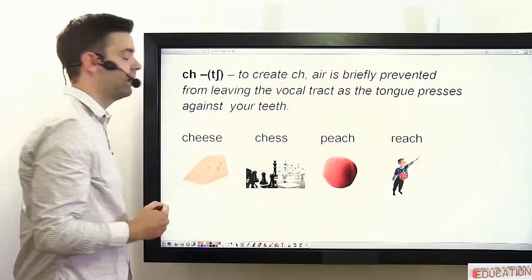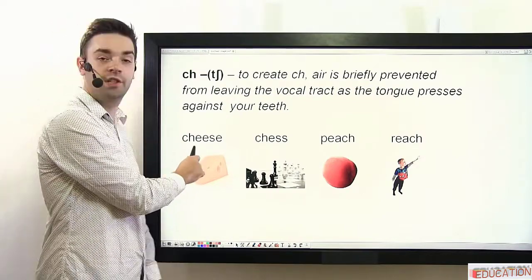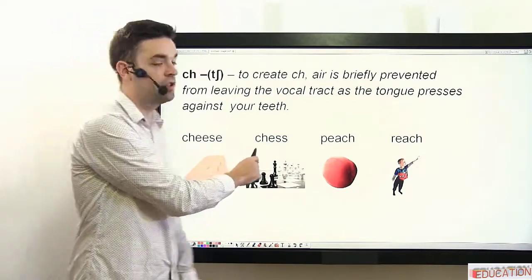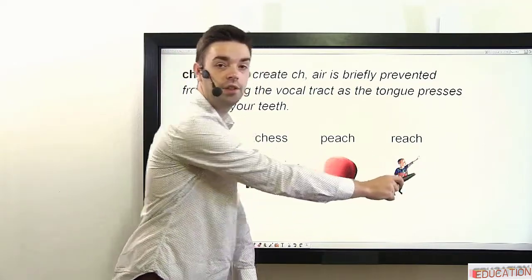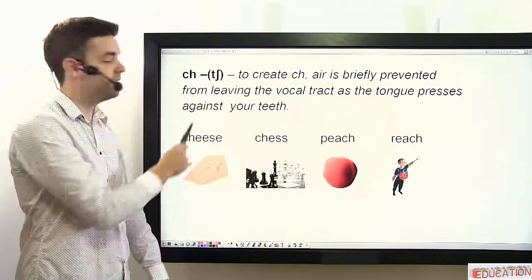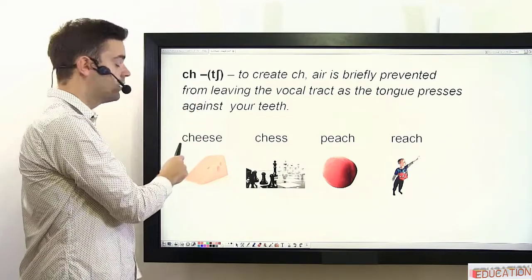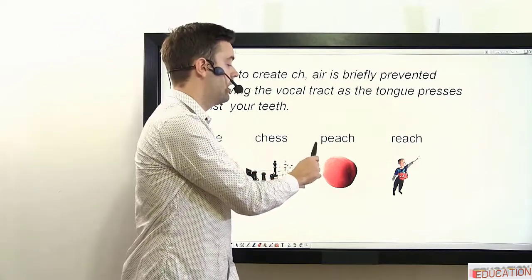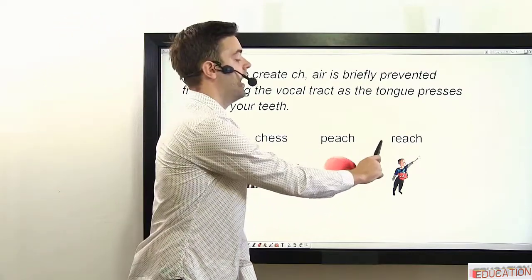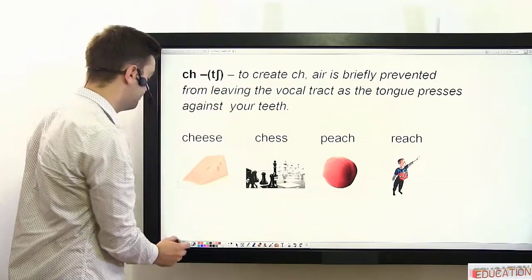Takes a bit of practice. So cheese, chess, peach, and reach.